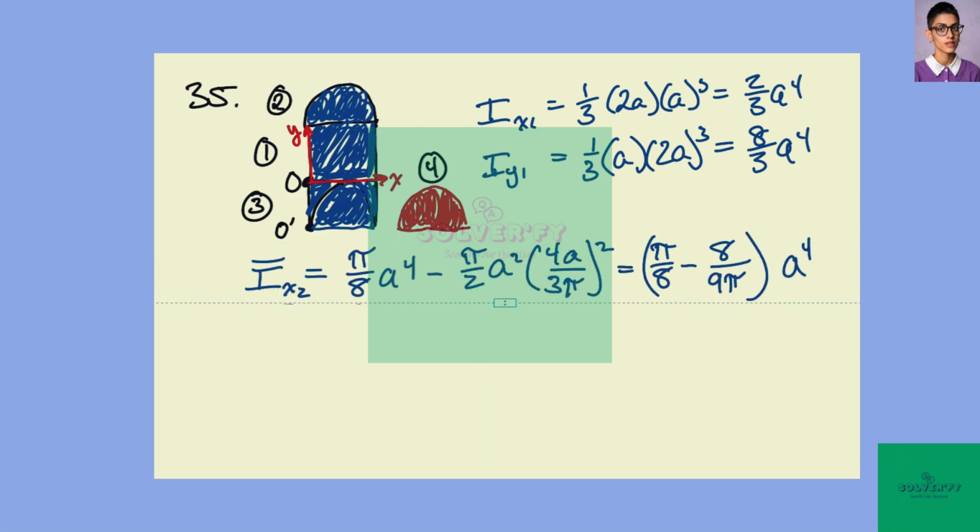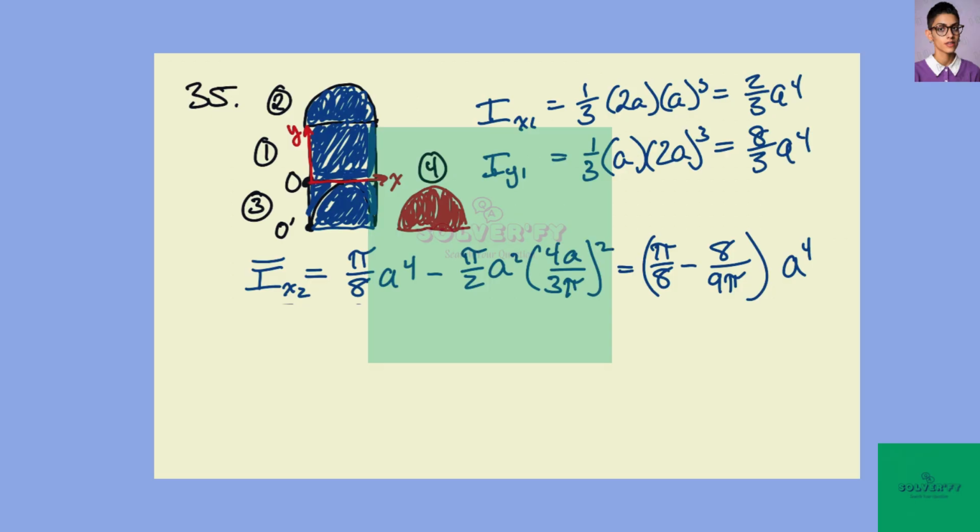And then for the second, we have the area moment about the centroid. The centroid of this section here is up around here.